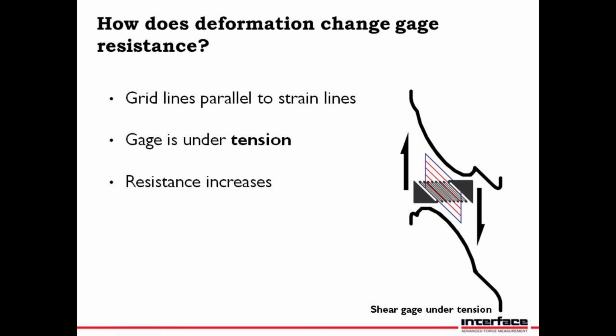If we move over to the next slide and focus on the region that is in tension, we can see that when the grid lines on the strain gauge align with the strains occurring along the beams, the gauge is under tension, and therefore the electrical resistance across that gauge increases.